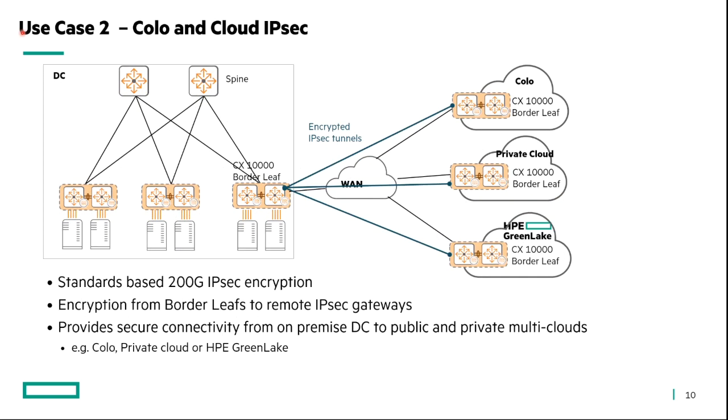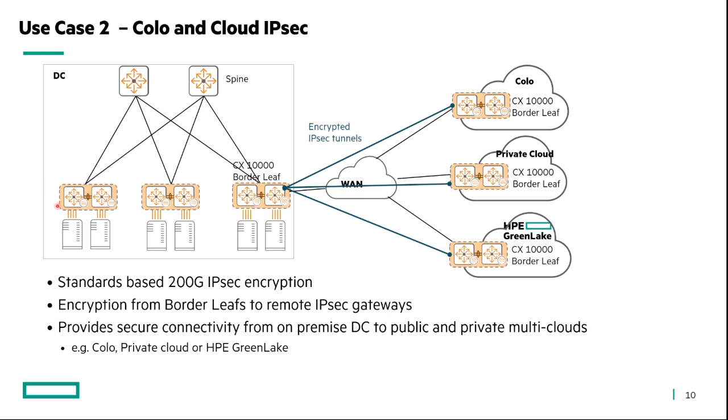Use case 2, private cloud, colo and hybrid cloud, and this requirement is increasing in popularity with customers who have similar cloud models and wish to ensure secure communication to the cloud, whether it be private, colo or hybrid.